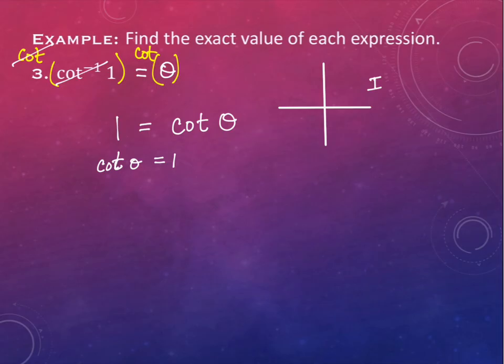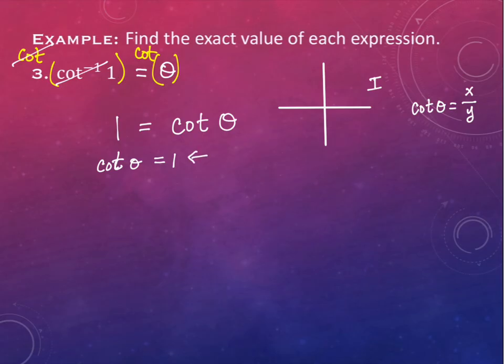And then the cotangent values. How are cotangent values defined in terms of the ordered pairs x and y? What is cotangent? Yeah, it's x over y. Very good. So cotangent is x over y. So if I want my x over y to be equal to 1, where does that happen?